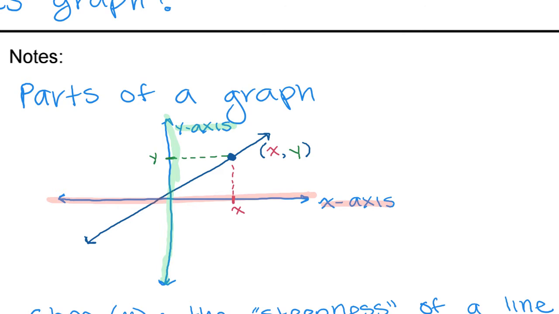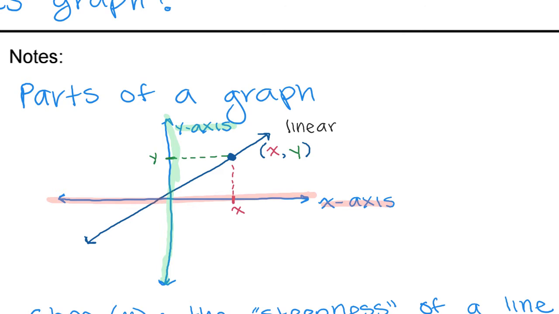We also have a line going on these axes. Now, it's not always going to look like this. It can be straight. It could be curved. It could be a sinusoidal graph, which is going up and down, kind of looks like a wave. But for our purposes right now, we are just going over a straight line, a linear line for today. So we'll be talking about linear line graphs.